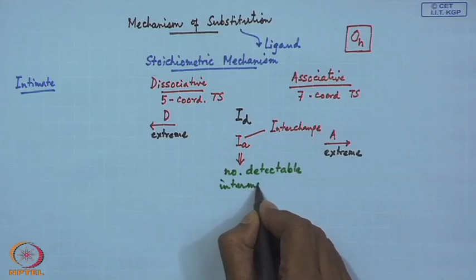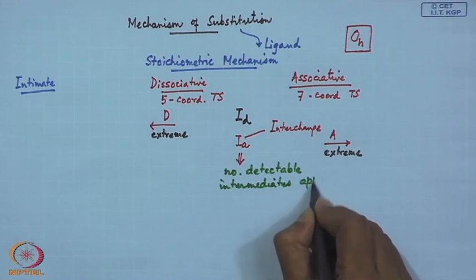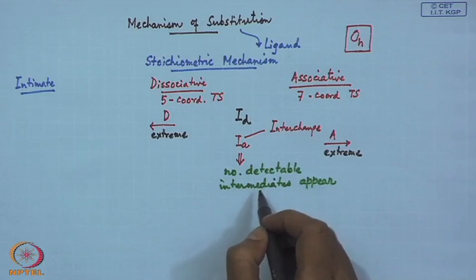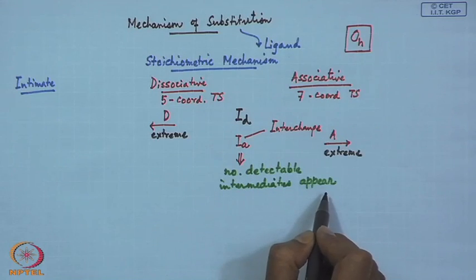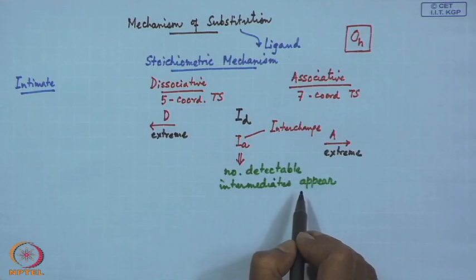That means the transition state does not have much half life for its appearance and detection.